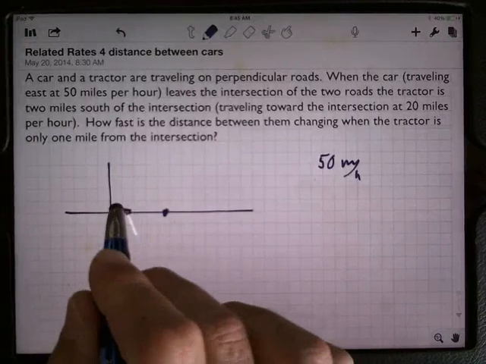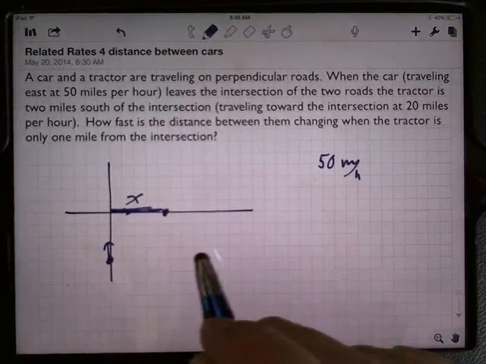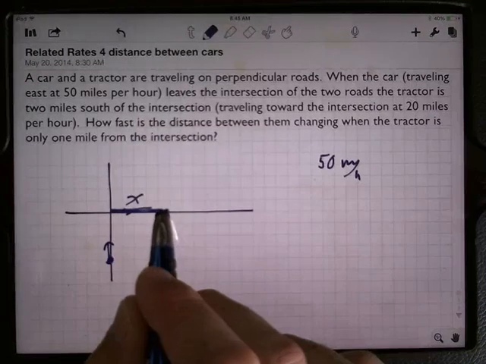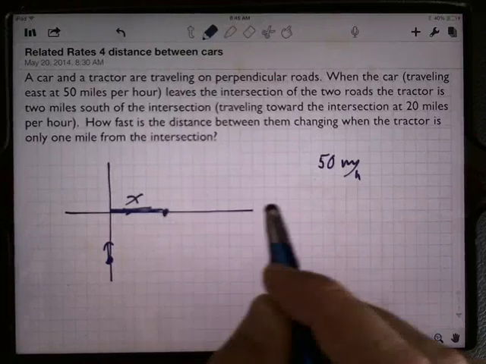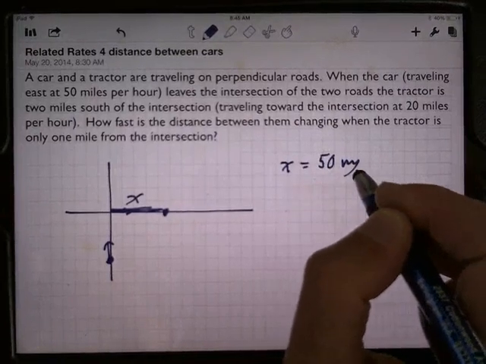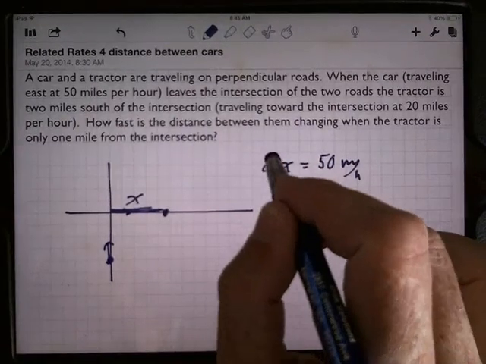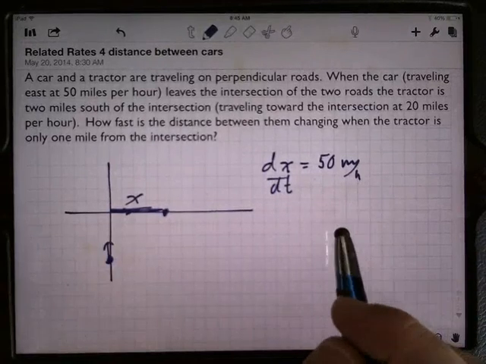So why don't I make this distance right here be, I'll call it x. It's the distance from the intersection to wherever the car is, and that's going to change as time changes, but the rate at which it's changing is 50 miles per hour. So it's dx/dt, the rate of change in x. x is the distance, 50 miles per hour is the rate of change.